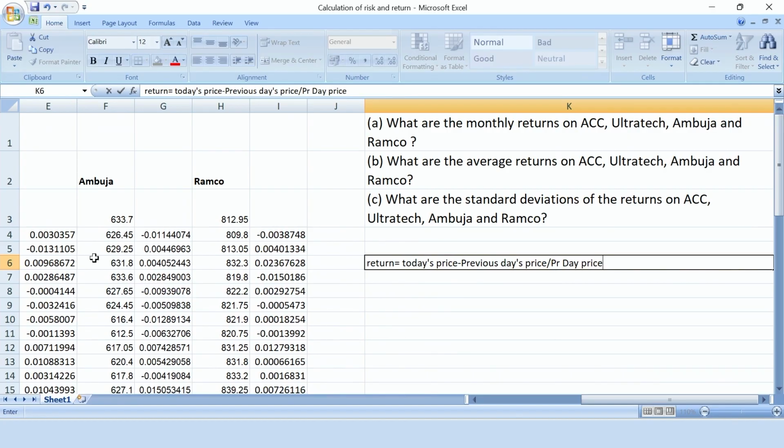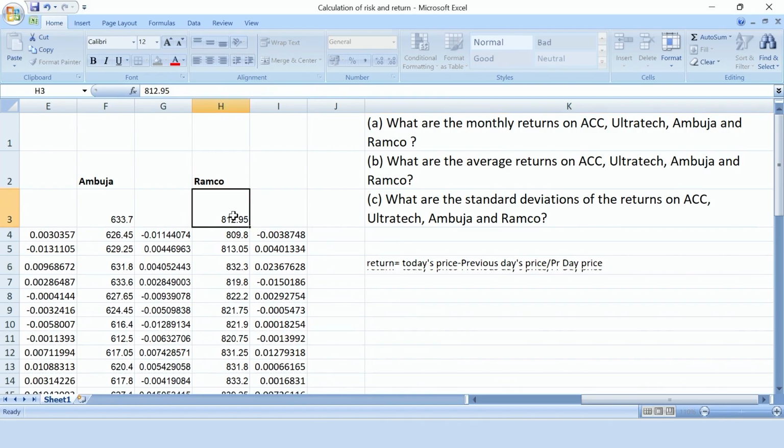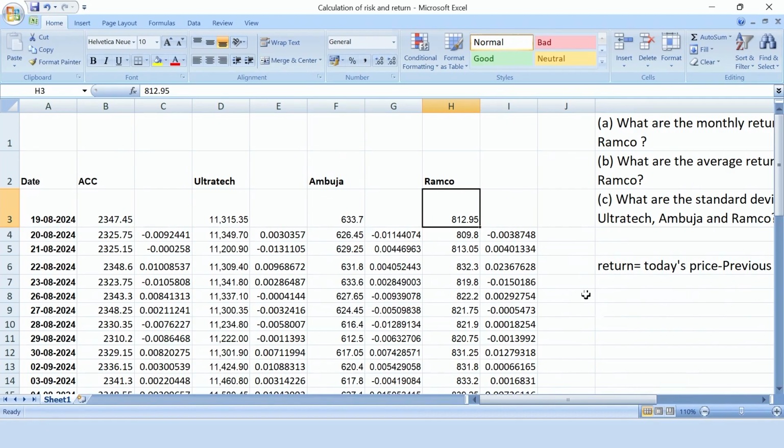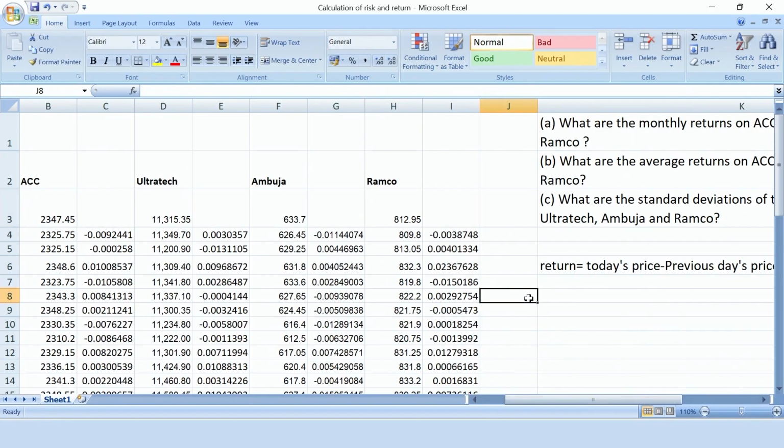So simply it's a case of percentage change that we have to calculate. I have already calculated this for all the companies, but for your knowledge, I am explaining this.